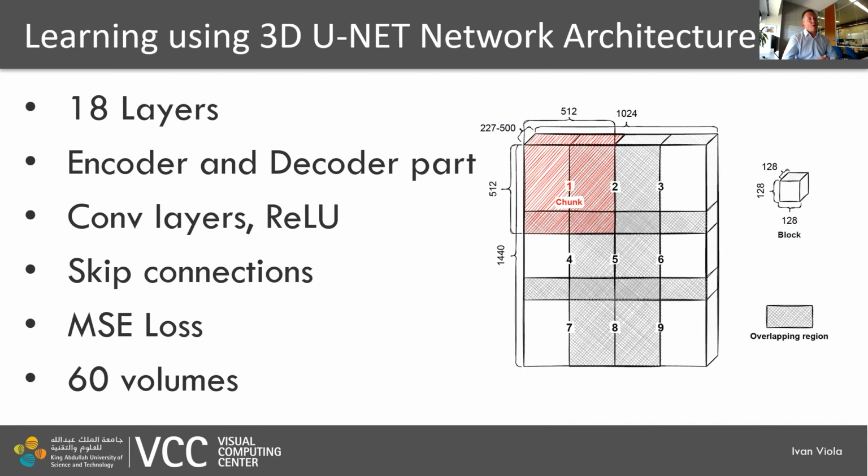One epoch of this training process takes approximately 4 hours, and we are running approximately 30 to 50 epochs. We are using the 3D-UNet network architecture, which consists of 18 layers, and it has this characteristic U shape.